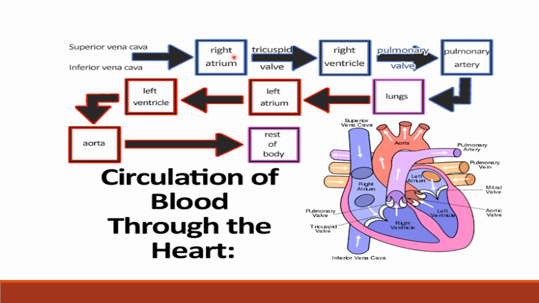When the right atrium is filled with blood, it flows to the right ventricle through the tricuspid valve. From the right ventricle the blood enters the pulmonary artery through the pulmonary valve.